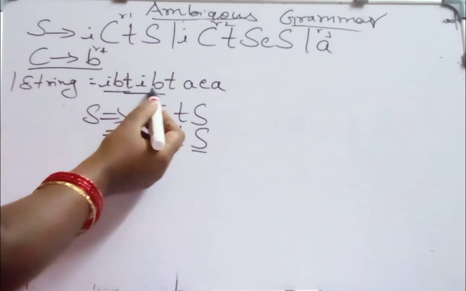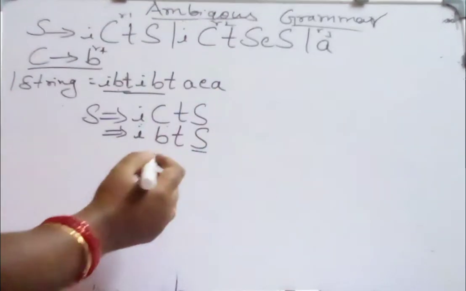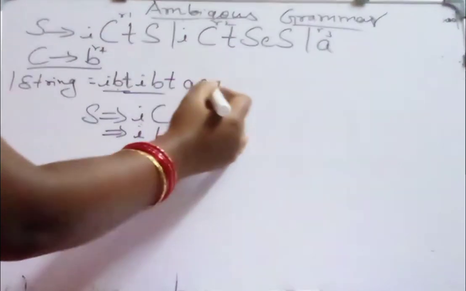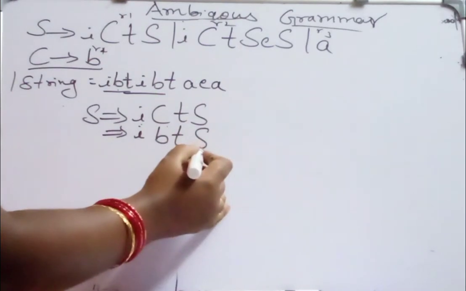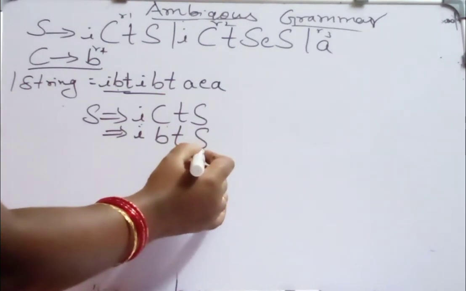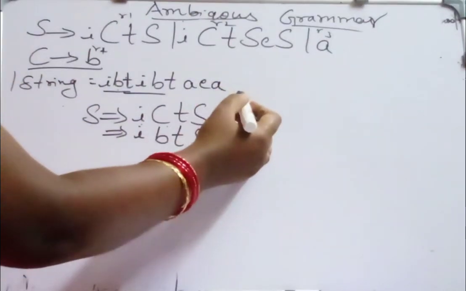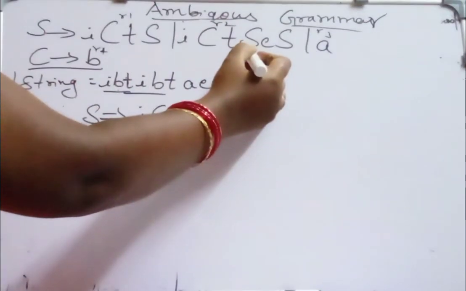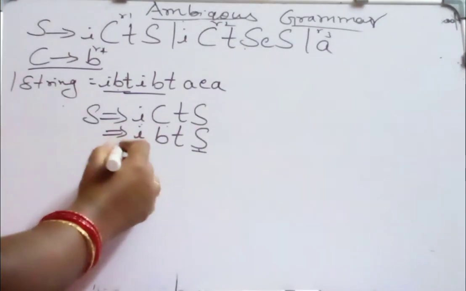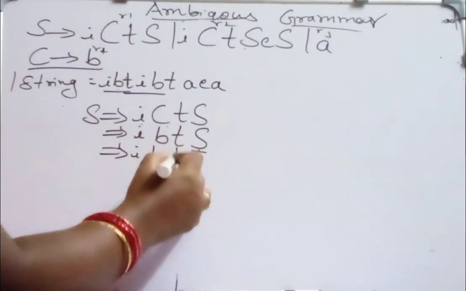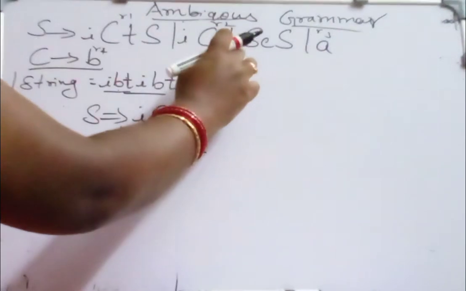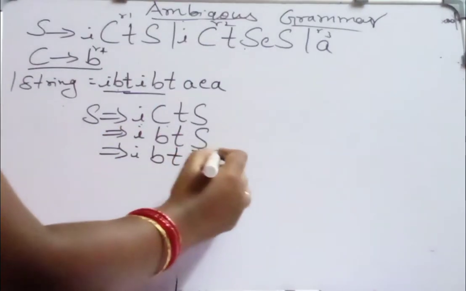The next symbols are ibtaea, so for the next part I am going to substitute this S with iCtSeS, because I want aea. So I can substitute with this rule 2. So for S I am substituting with this rule.